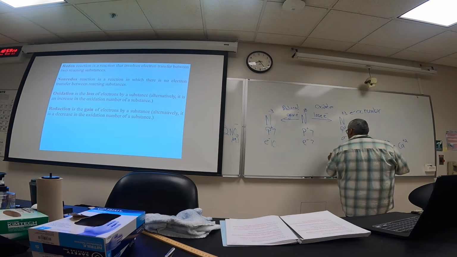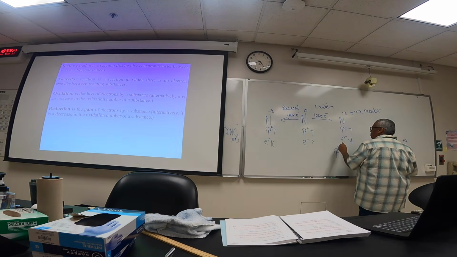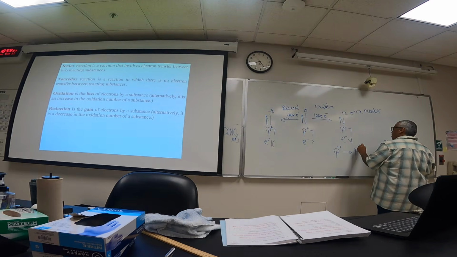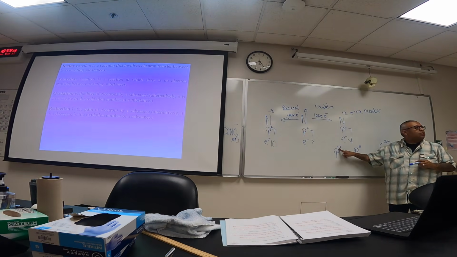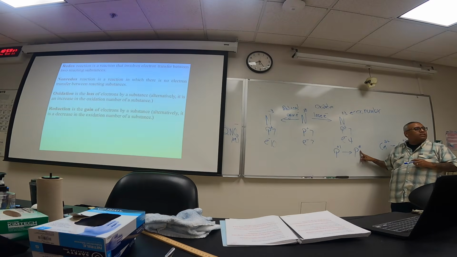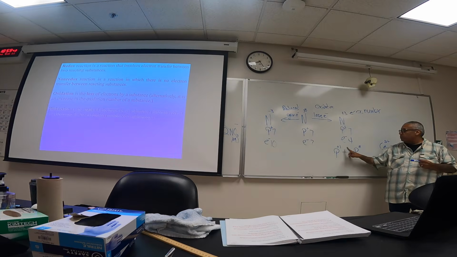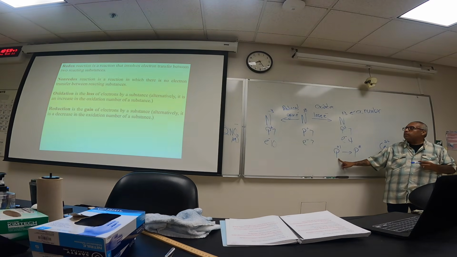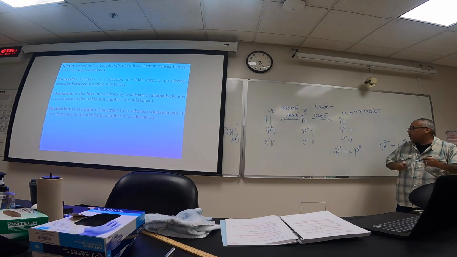So if I have, let's use phosphorus. If phosphorus goes from a +1 to 0, did the oxidation number get smaller? Yeah, 0 is less than 1. So phosphorus was reduced because that number got smaller.